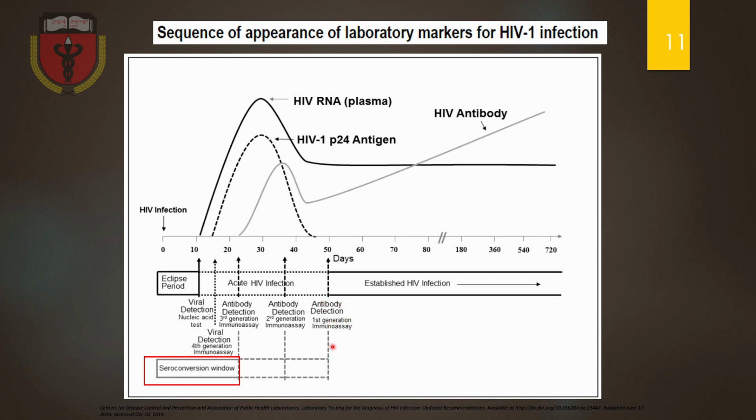The 1st generation immunoassay is the very first, the ancient assay that was out in the market a long time ago, in the 90s or late 90s. It cannot detect the antibody in the blood until about day 50, which is about 2 months.